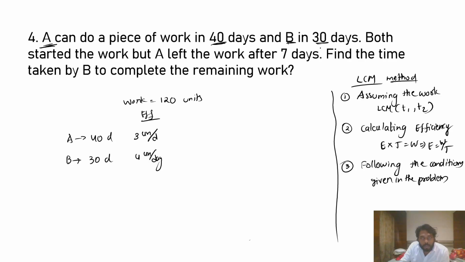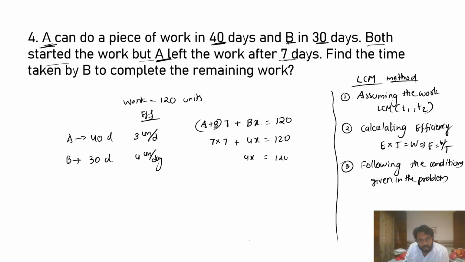Now both started the work, but A left the work after 7 days. So make a basic equation. A and B both started the work, and A left after 7 days, means they both are working for 7 days. A part of the work is done. Now A left. Who is working? B is working, for some X days, and the work is completed. So the work would be equal to 120 units. A and B combined, how much work will they do? 7 sevens plus B alone 4x equals 120. 7 sevens are 49.